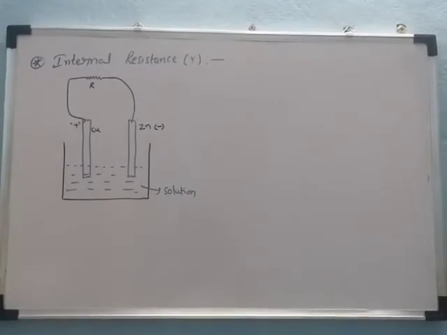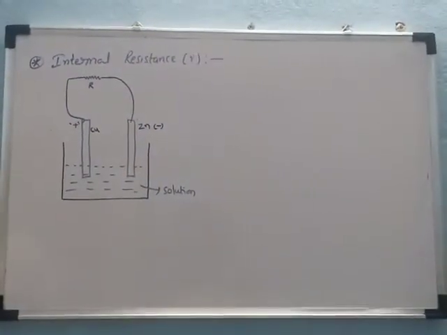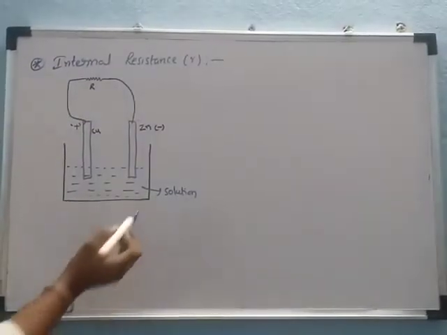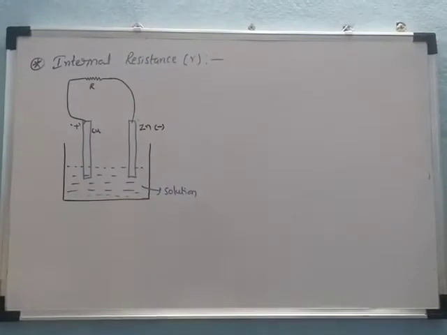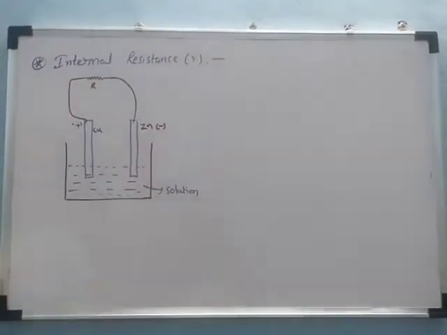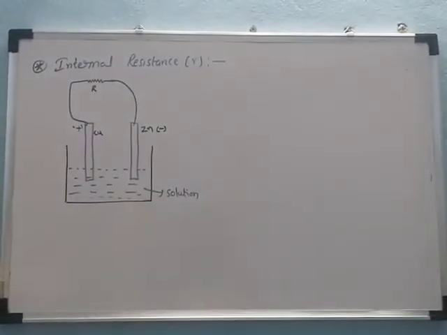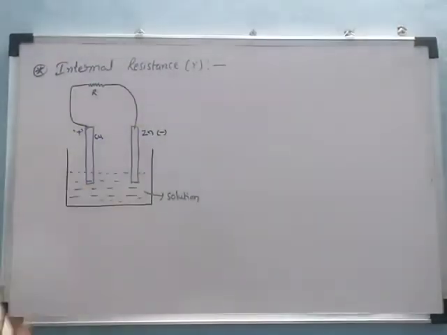The next topic we are discussing is internal resistance. Again, we are considering a soap solution, which is nothing but a chemical solution. In the chemical solution, two metals are taken, one is zinc and the other is copper.